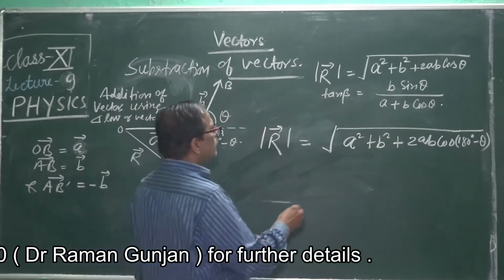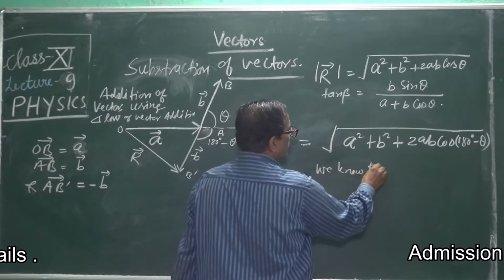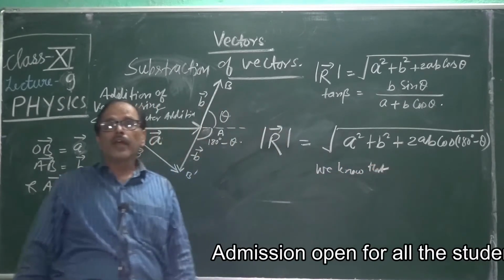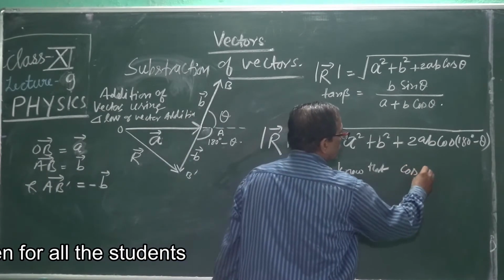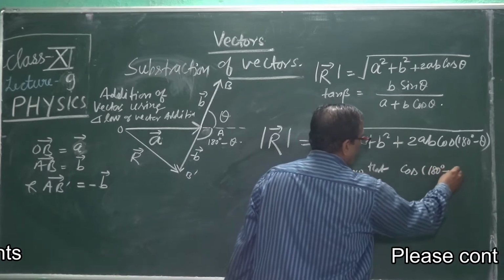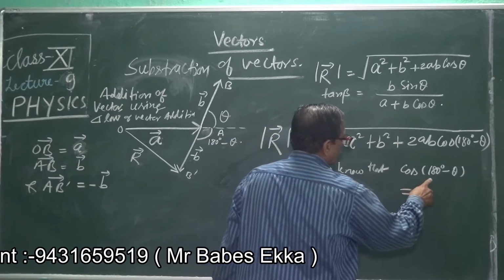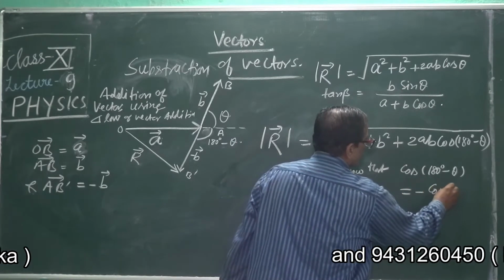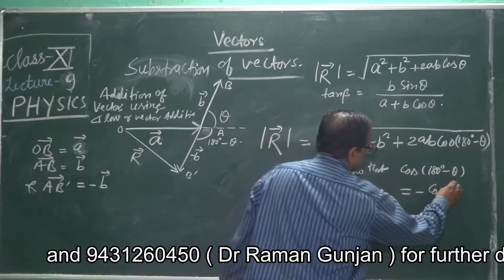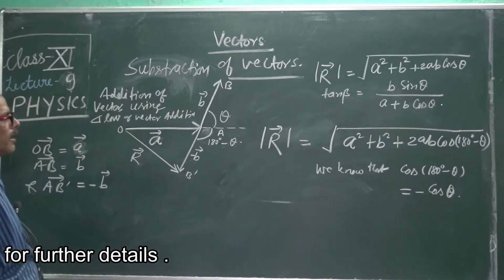Okay, we know that cos 180 degree minus theta is minus cos theta. Okay, this is minus cos theta.